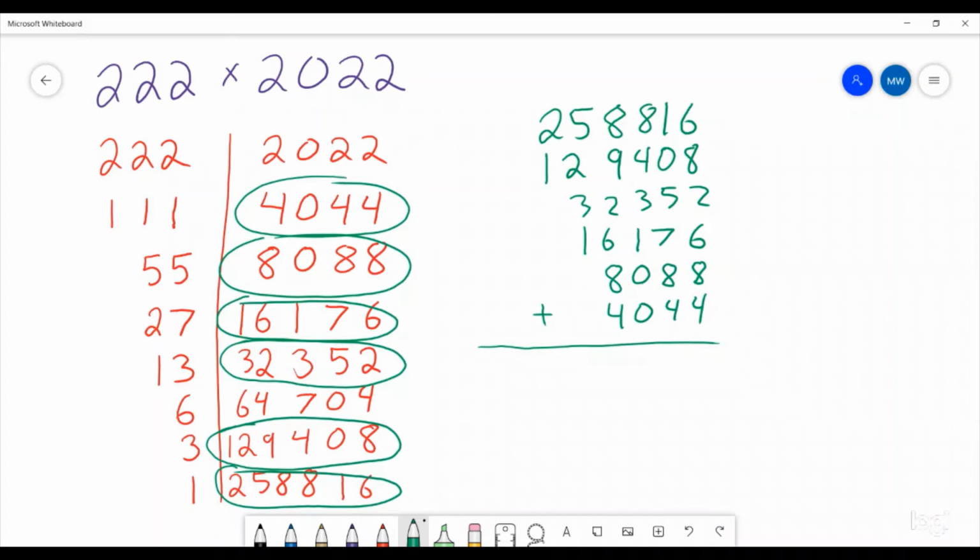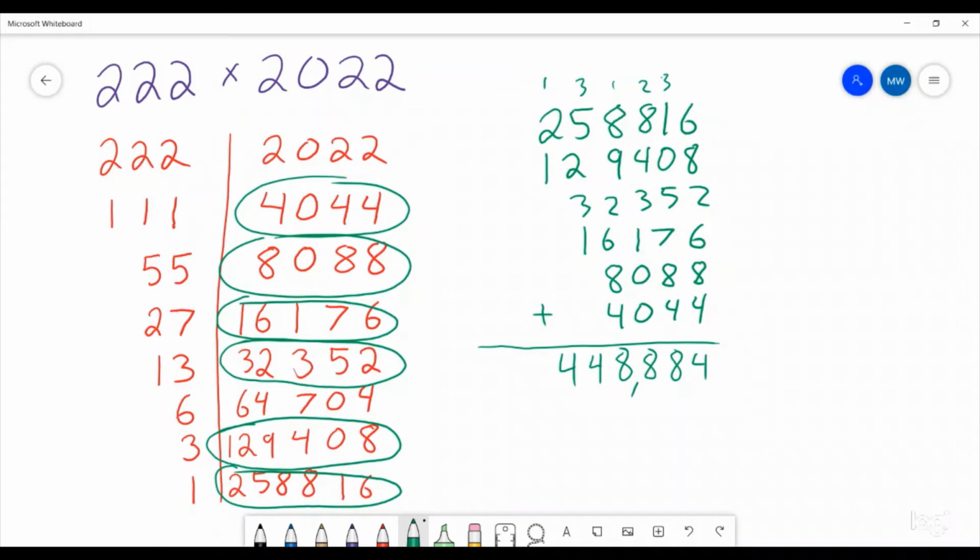So when we go through and add these all up, let's see, 6 and 8, that's 14, 16, 22, 30, 34. 3 plus 1 is 4, plus 5 is 9, 16, 24, 28. 2 plus 8 is 10, 14, 17, 18. 9, 18, 20, 26, 34, 38. 3 plus 5 is 8, 10, 14, 448,884, which is actually what 222 times 2022 is.